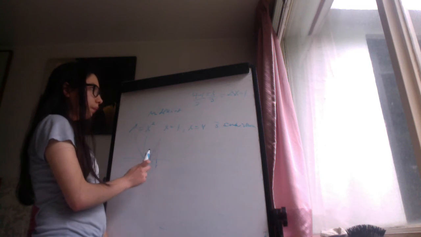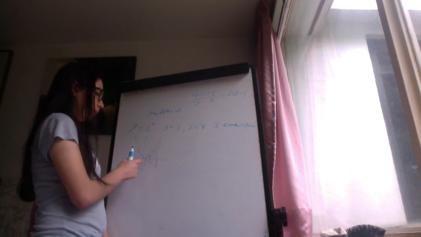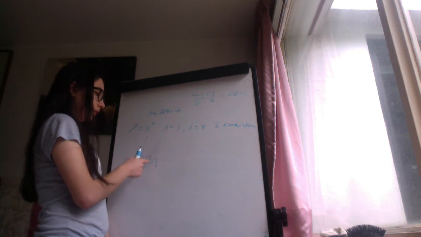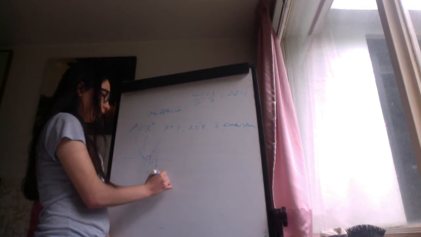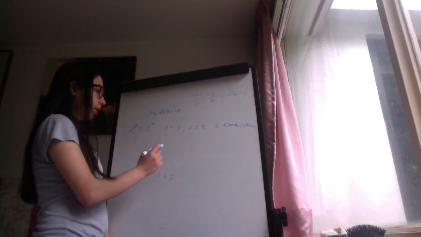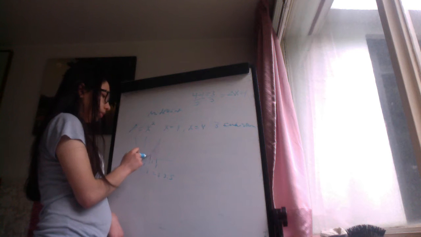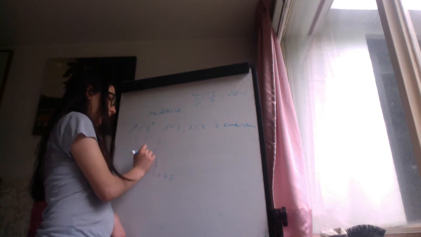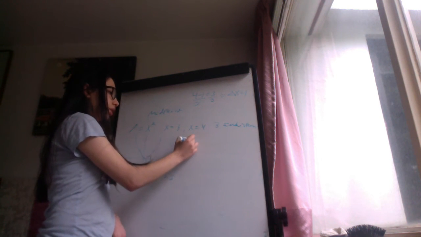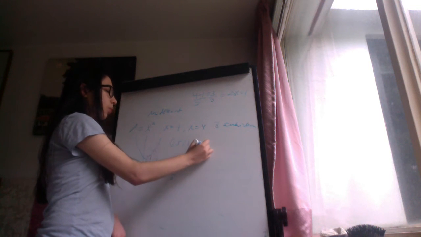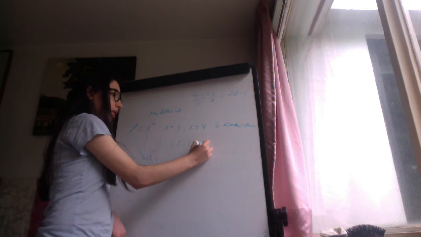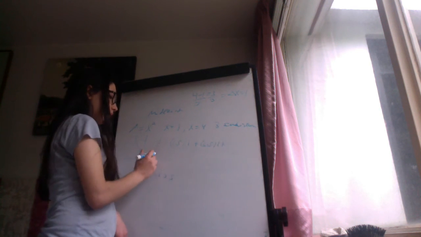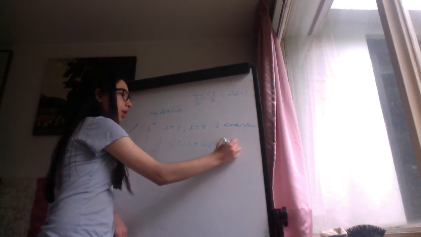Now the midpoint between 1 and 2 is 1.5, then 2.5, and 3.5. So the area of the first rectangle is height 1.5 times delta x, that is 1, plus 2.5, the height of the next rectangle, times 1, plus the height of the next one, 3.5, times 1.